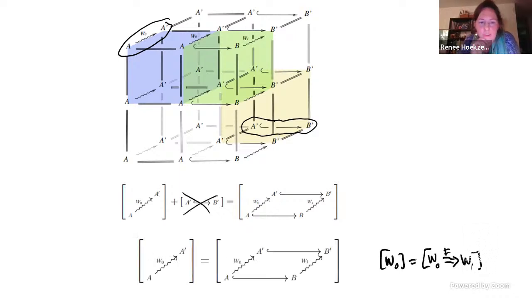So in particular, this tells me that the one simplex generated from this W0 is equated to the one simplex generated from this upper face. Okay. So the class of W0 equals the class of some SK embedding from W0 to another cobordism.